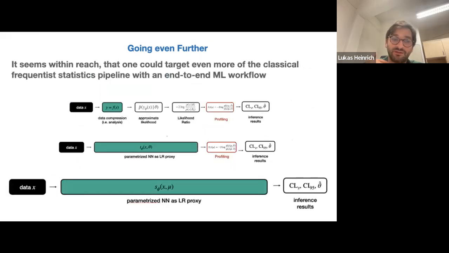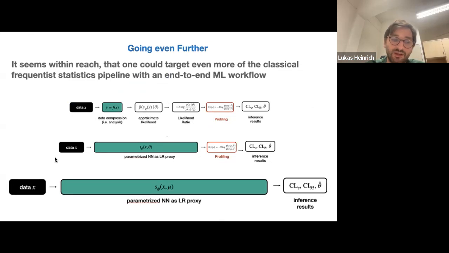So you can see something coming within reach, where you start out with the classic pipeline of explicit modeling of approximate densities, but by replacing more and more steps of the statistical inference pipeline with machine learning, you can generate very robust frequentist results in an end-to-end way.